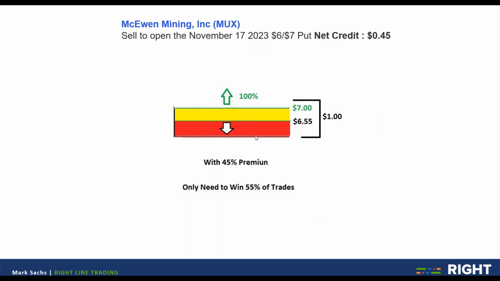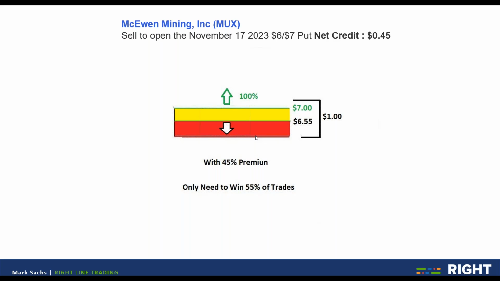But if you have enough money to take assignment, in 6 months I had Lockheed Martin trade all the way back to 475. And I wound up making an enormous amount of money on the trade. So that's one way that you can band-aid your losers.